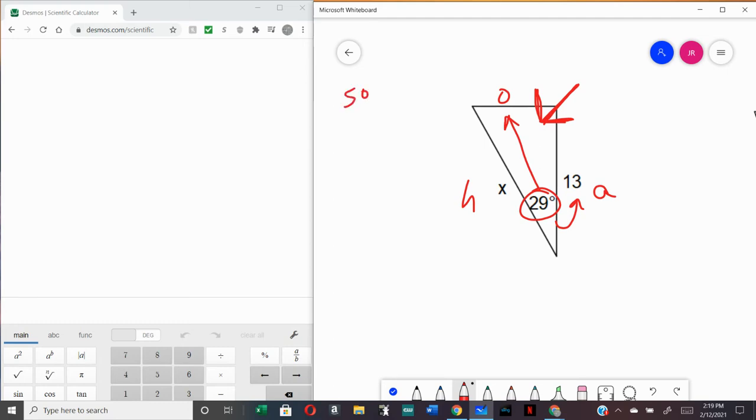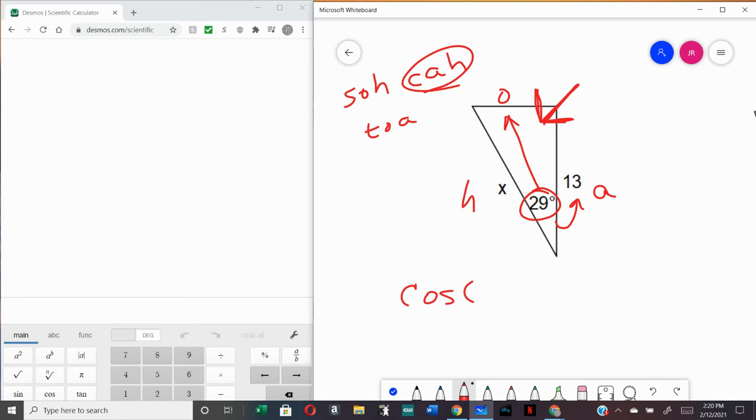So if I use my little mnemonic device to help me remember things, SOH CAH TOA, the one with adjacent and hypotenuse is the cosine. I'm going to set up a problem.